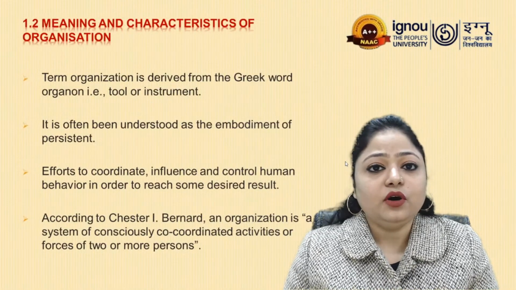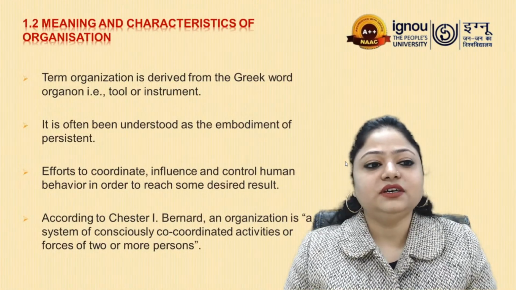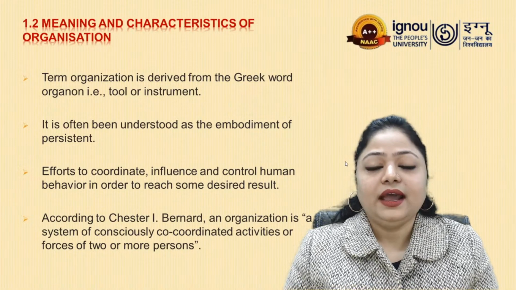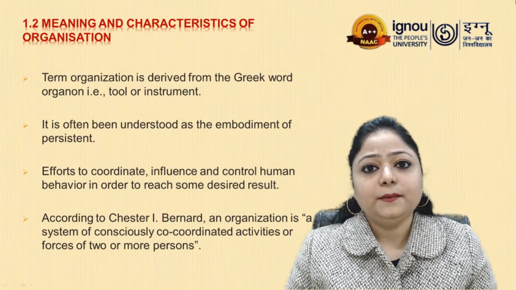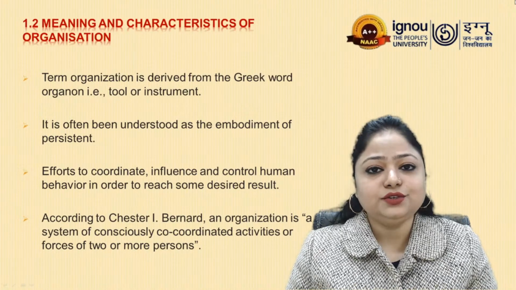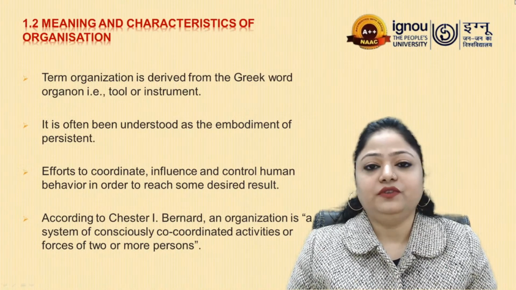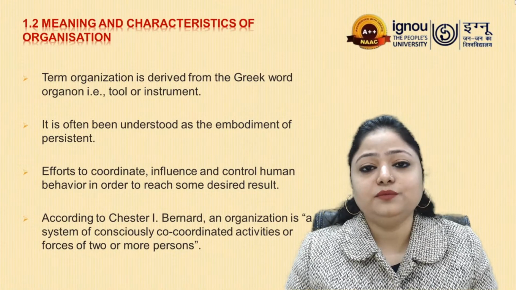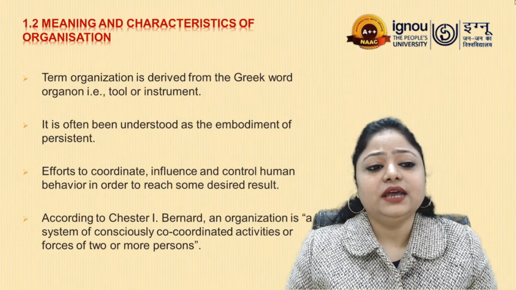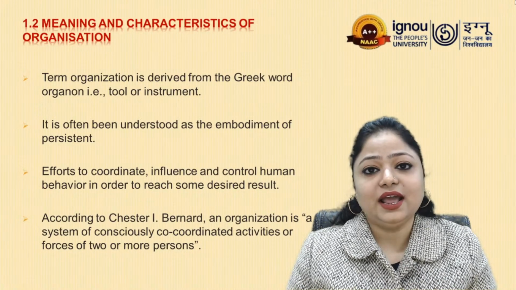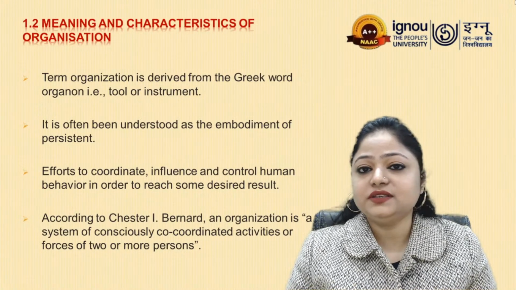Now the term organization is derived from the Greek word organon, and it means tool or instrument. So, meaning thereby, it is that tool or instrument through which collective purposes and objectives are achieved. So, it has often been understood as the embodiment of persistence.